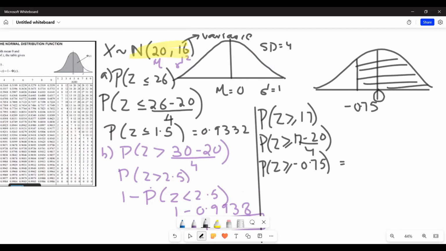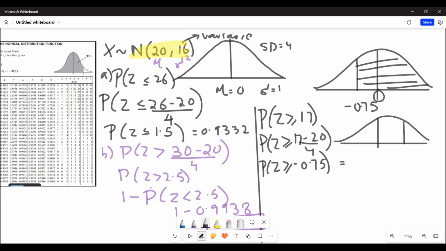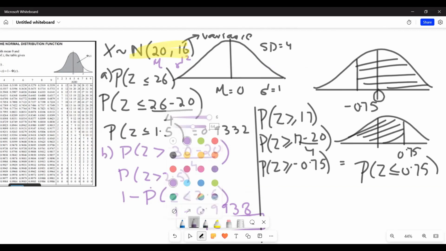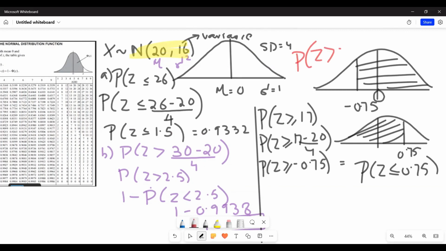I'll tell you the general formula. So this becomes probability, you instead find this probability, which is probability Z is less than or equal to 0.75, because they both have the same area under the curve. That means the same probability. So the general formula is probability Z is greater than negative a is the same as probability Z is less than a.